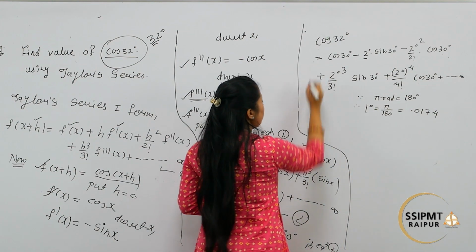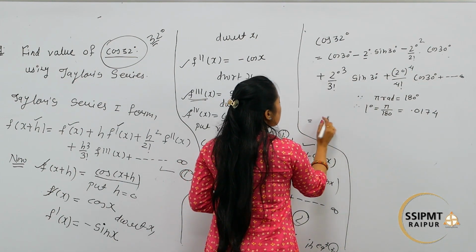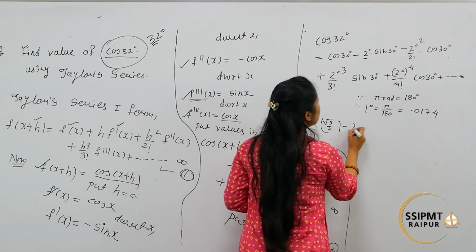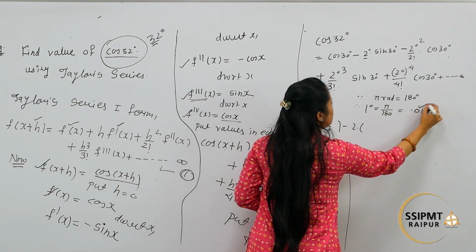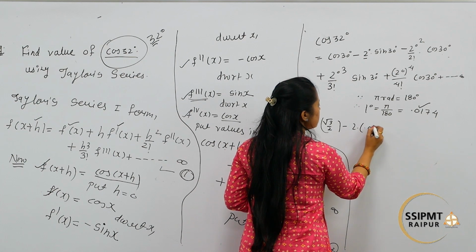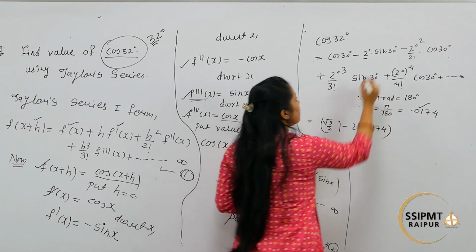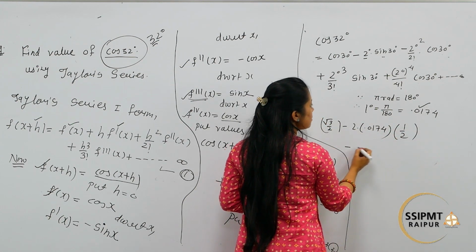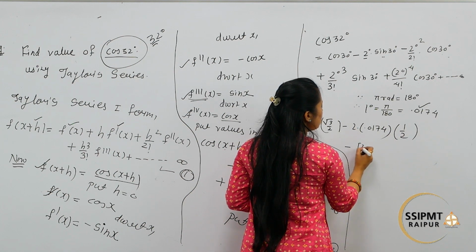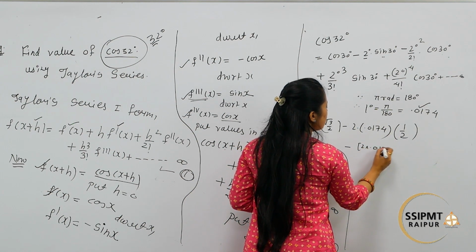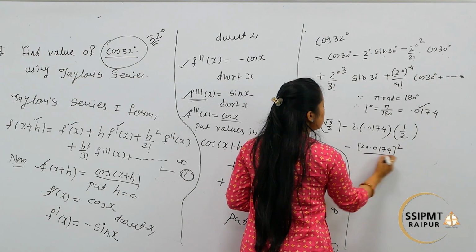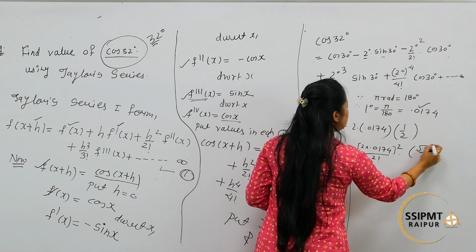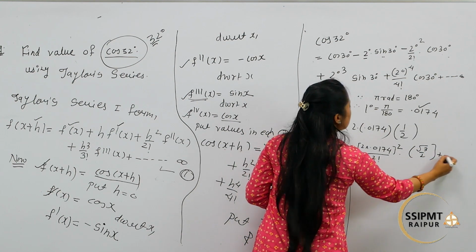So we calculate the series: cos 30 degree, that is root 3 by 2, minus 2 into the value of 1 degree in radian, that is 0.0174, into sin 30 degree, which is 1 by 2, minus 2 into 0.0174 whole square by factorial 2 into cos 30, that is root 3 by 2, and so on up to infinity.